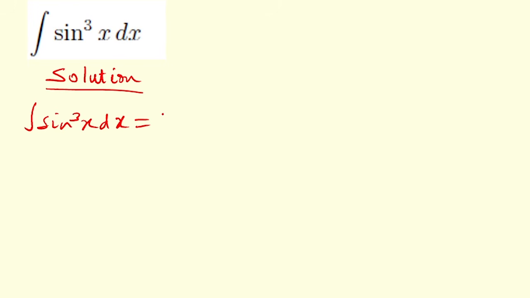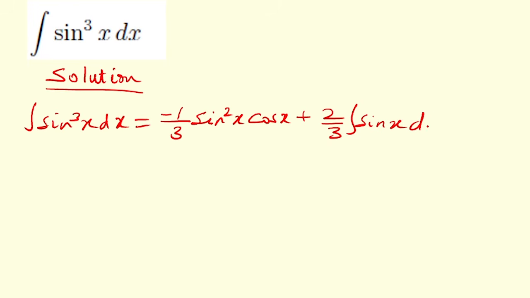Therefore, minus 1 over n, 1 over 3, sine raised to decrease by 1, sine square x times cos x plus n minus 1, 3 minus 1, 2 over n, 3, the integral of decrease by 2, that is sine x dx. So the result will be minus 1 over 3 sine square x cos x plus 2 over 3.